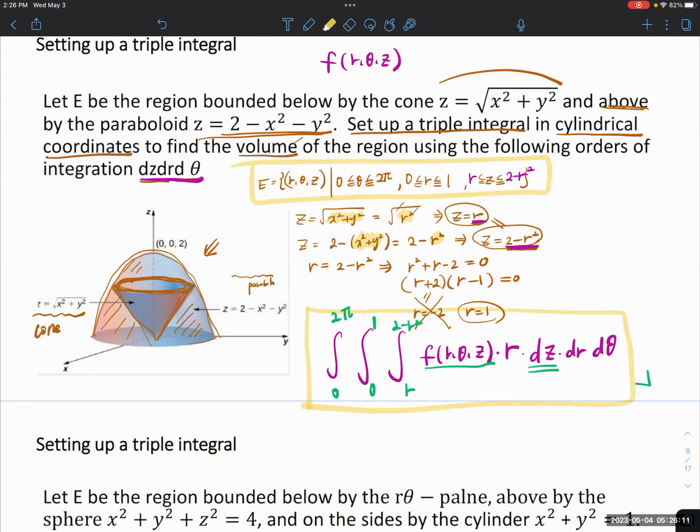That's okay, because we are not really drawing that image. All you need to do in this chapter is understand how to set up the triple integral with the given cylindrical coordinate, and it should be fine, okay? So don't worry about the image part because all the information should be given in the context. So just be aware.